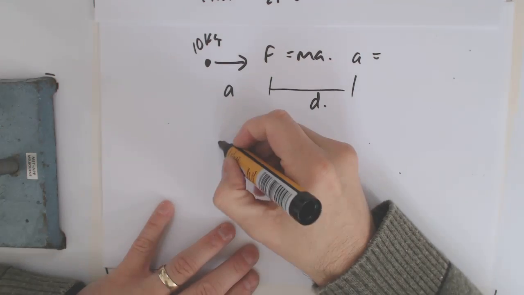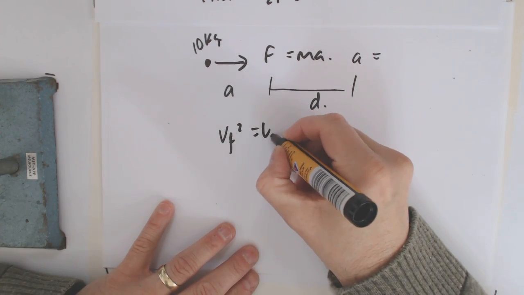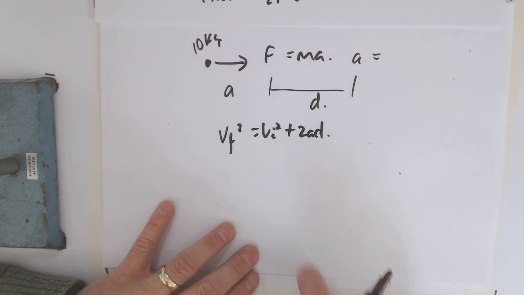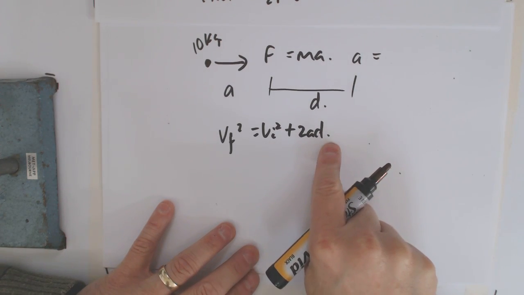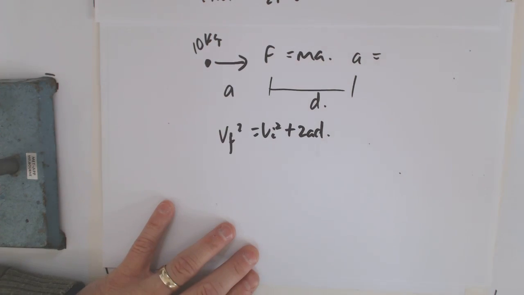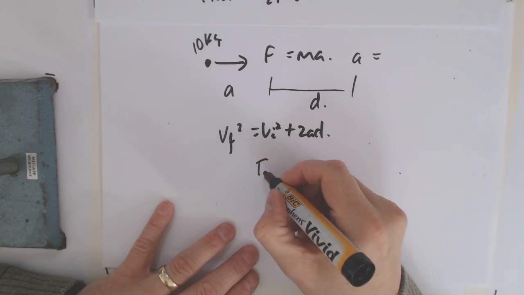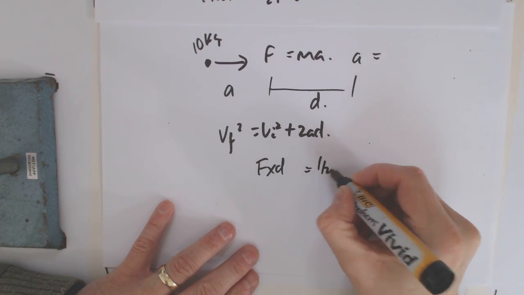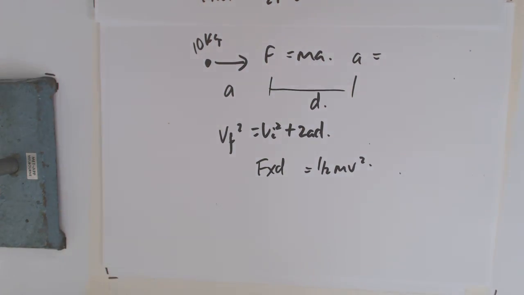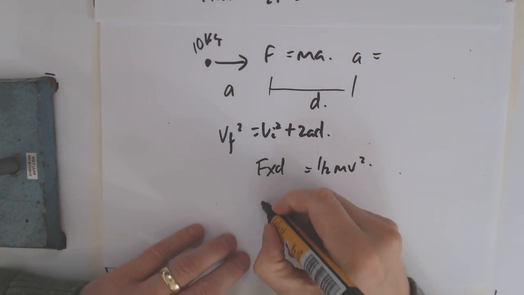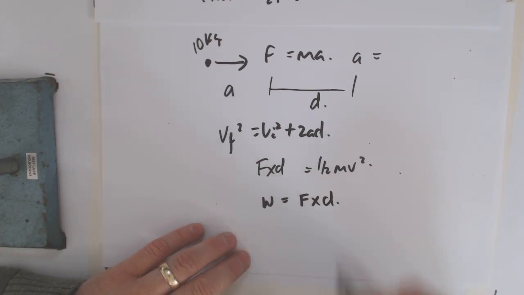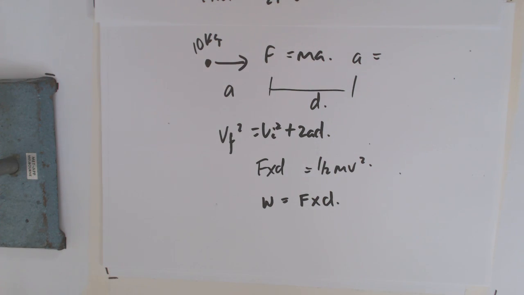And we'd have to go to our kinematics. Vf squared equals vi squared plus 2ad, acceleration, distance, vi was 0. I could figure out the final velocity, right? And then that final velocity would be the same as the one I just figured out there. F times d equals half mv squared. So in one case we have to use kinematics to work it all out. In the other case we have to use conservation of energy, and the whole work equals force times distance. So it's really cool that conservation of energy can give us those principles.